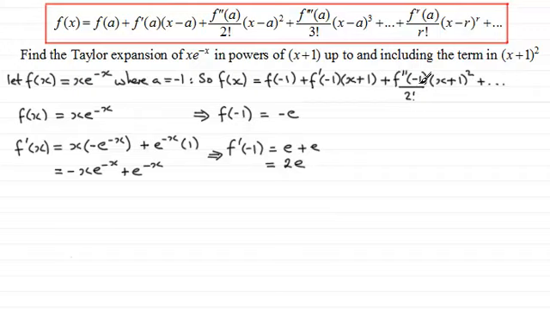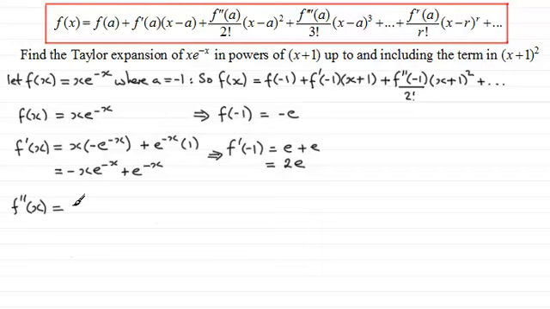Now for this last term here, we need to get the second differential of f of x. So in other words, for f double dash of x, we need to differentiate this term here. Well, the differential of xe to the minus x we just did. Only if we've got a minus here, we've just got to negate both these values.